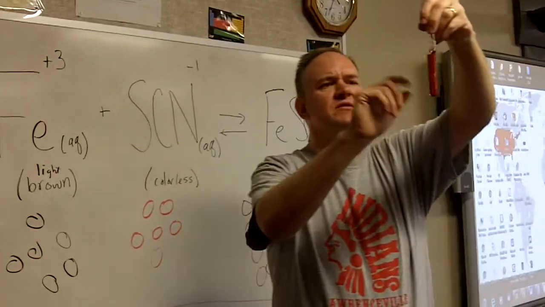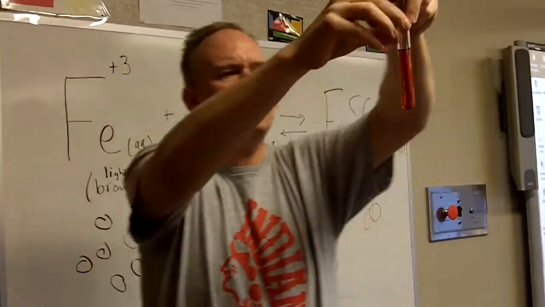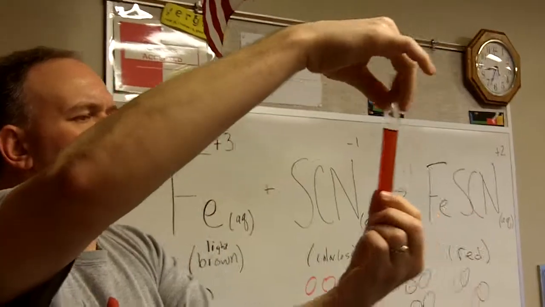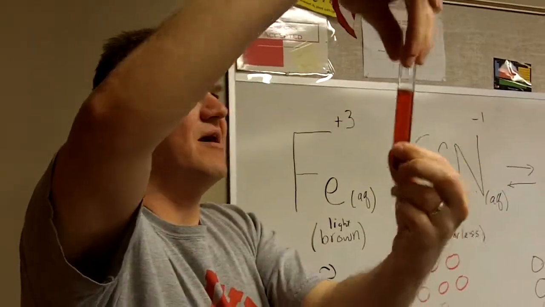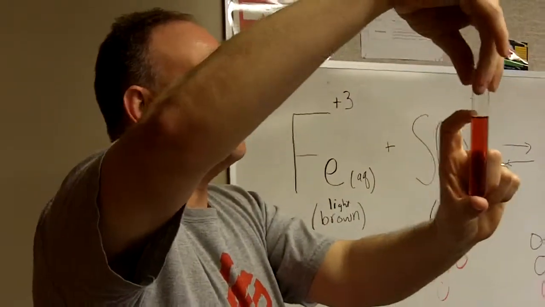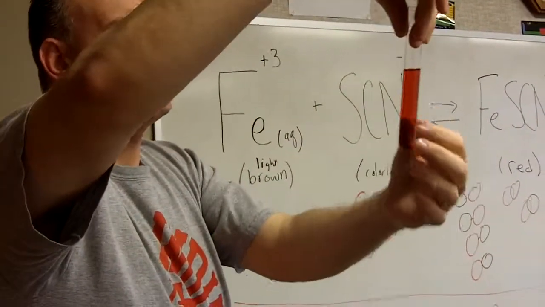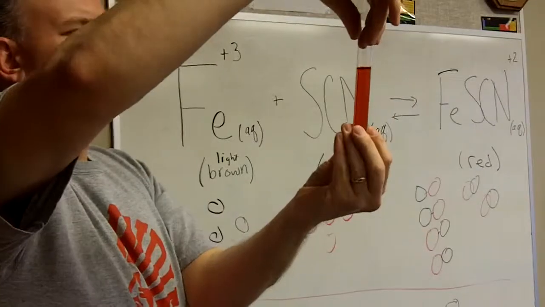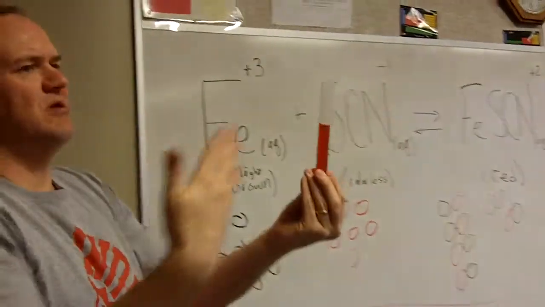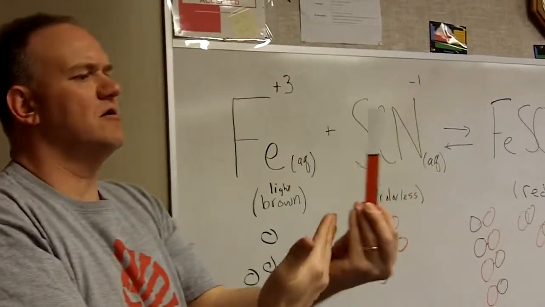So inside of this solution right now, we have iron thiocyanate complexes being created, and iron thiocyanate complexes breaking apart. So you should expect it to get darker red or lighter, but it's not.